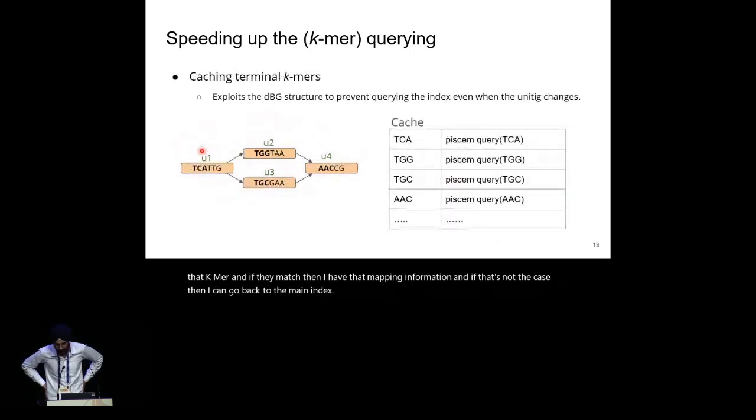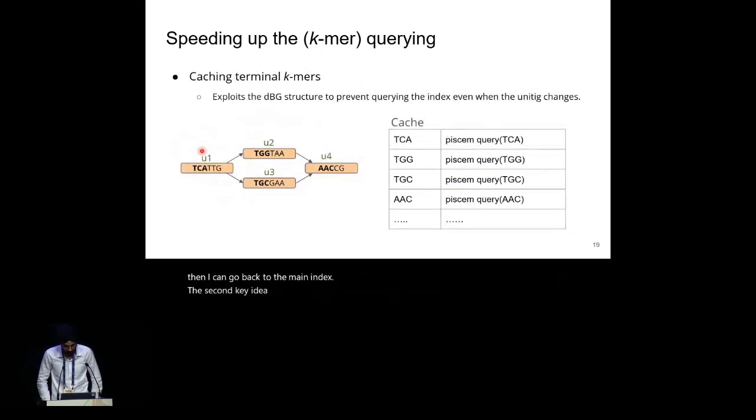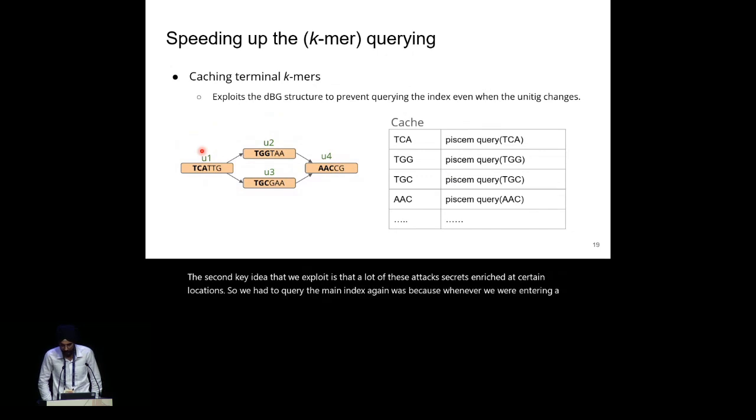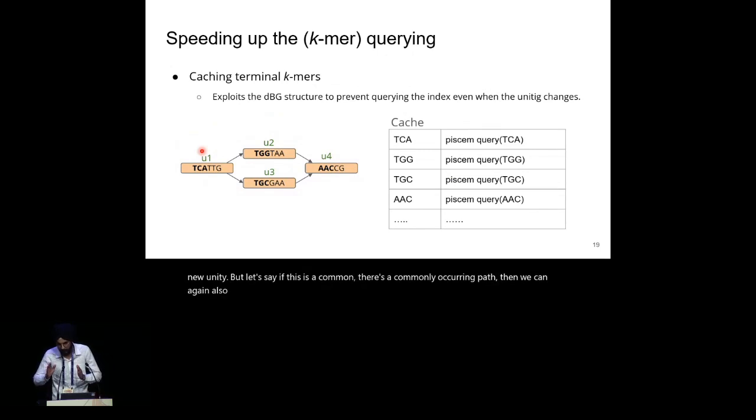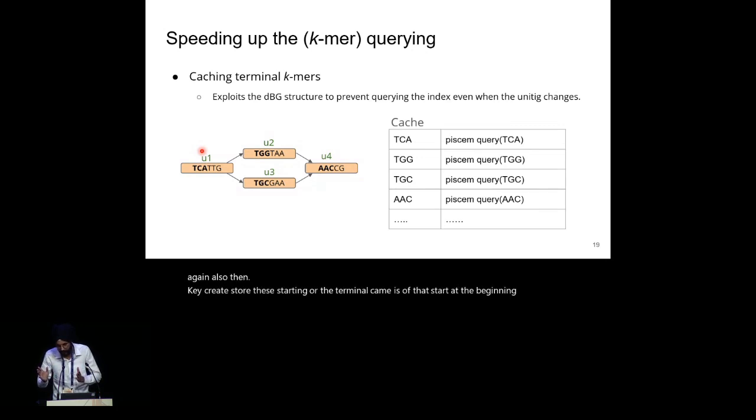The second key idea that we exploit is that a lot of these k-mers are enriched at certain locations. We had to query the main index again whenever we were entering a new unitig. But if there is a commonly occurring path, then we can store these starting or terminal k-mers that start at the beginning of a unitig in a cache.